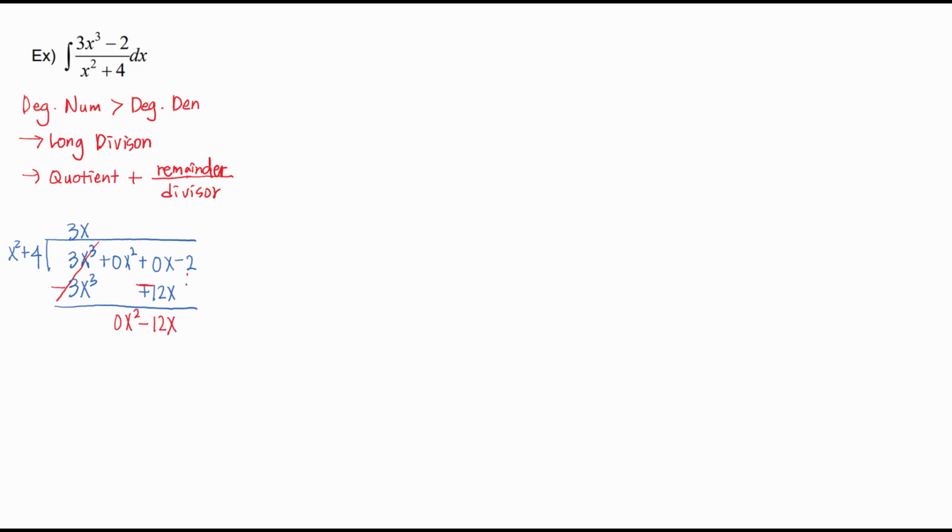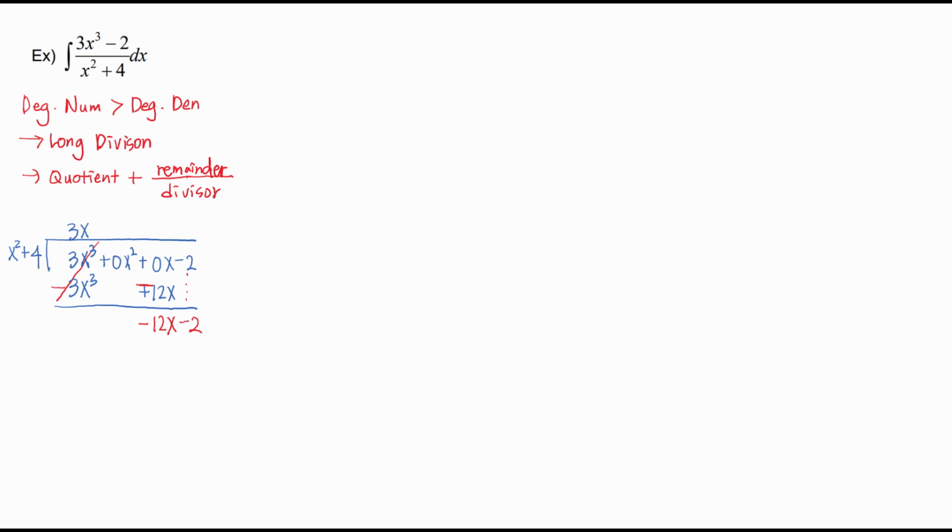And then you can bring down the negative 2. But 0x squared is really 0, so you do not need that. So I'm going to erase that. All right? Now you can see I cannot divide anymore because my remainder's degree is less than the degree of the divisor. Then we stop.